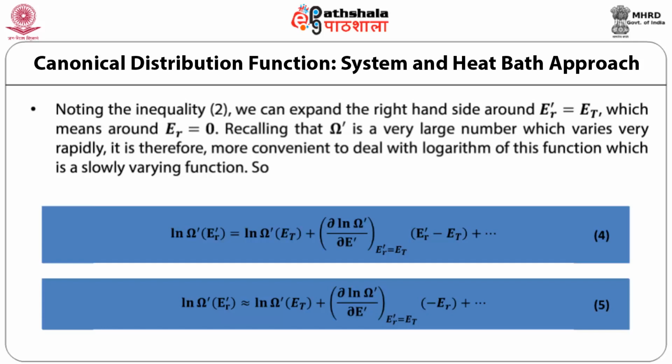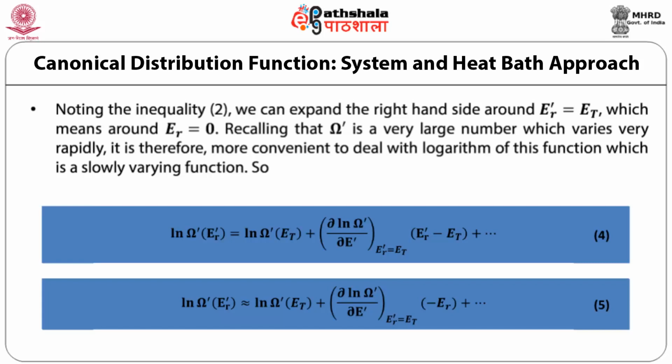So, log to the base e of Ω'(ER') is equal to log of Ω'(E_total) plus the partial derivative of log Ω' with respect to E', evaluated at ER' equal to ET, multiplied by (ER' − ET), plus so on.